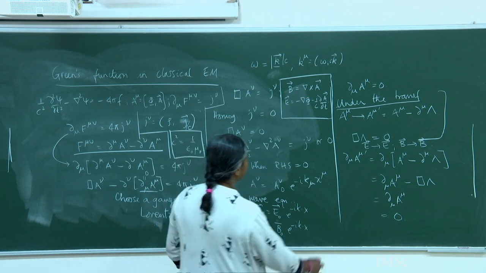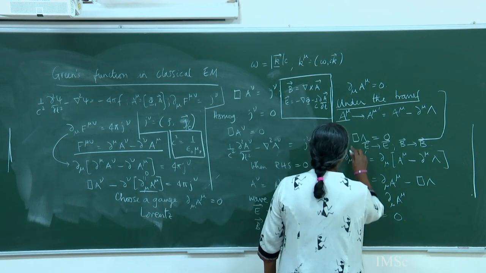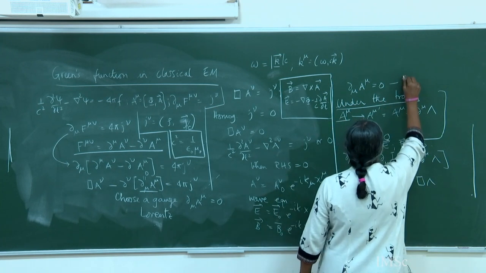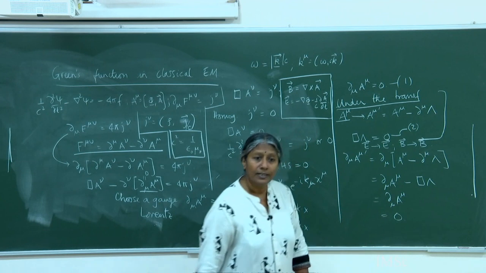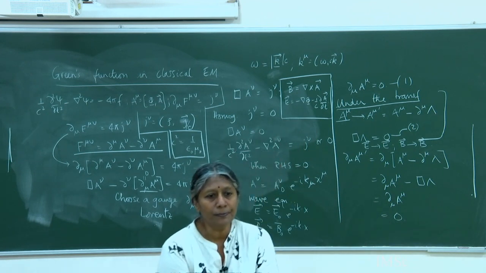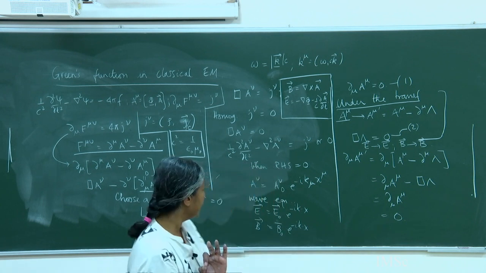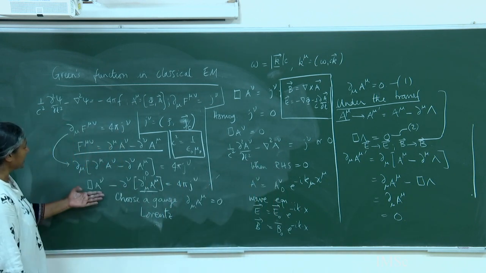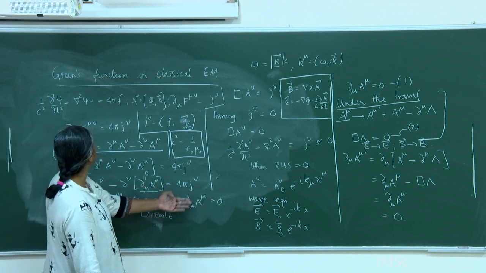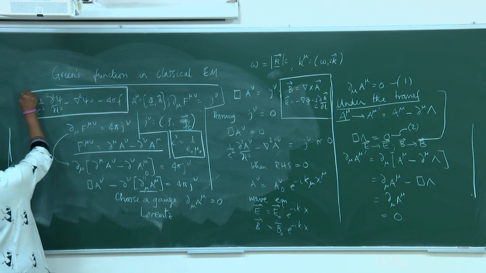So from 4 degrees of freedom, I will reduce by putting these 2 conditions, this constraint and this subsidiary constraint, and I will get correctly 2 physical degrees of freedom, so that this A mu is actually going to be my electromagnetic field. As far as I am concerned, I have set this to 0 and I am starting out with box A nu is 4 pi j nu, and that is my starting point of this equation.